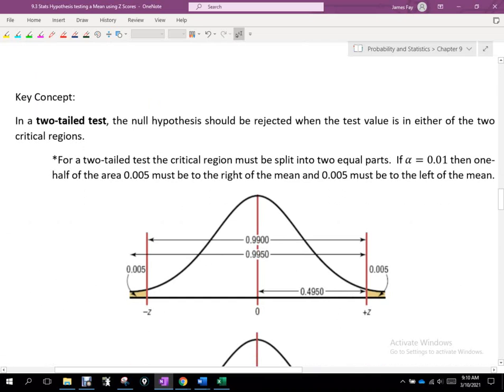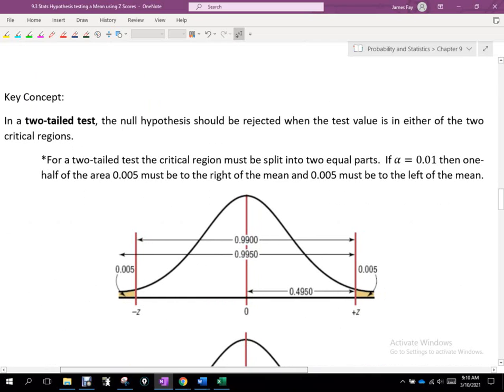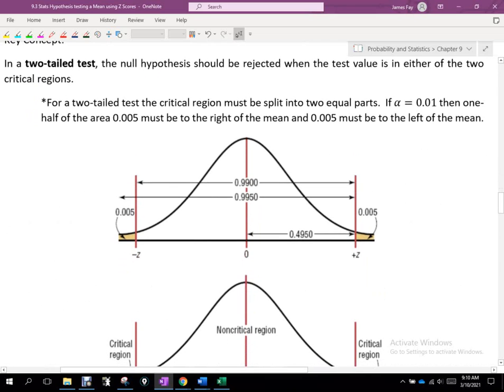A two-tailed test, just real quick, is the one where our alternative hypothesis has the not equal to sign, the equality sign with a slash through it. When we say that, we're not establishing whether we should be to the right or to the left. We're establishing that it's just different from the hypothesized mean, so it could be to the right or to the left.